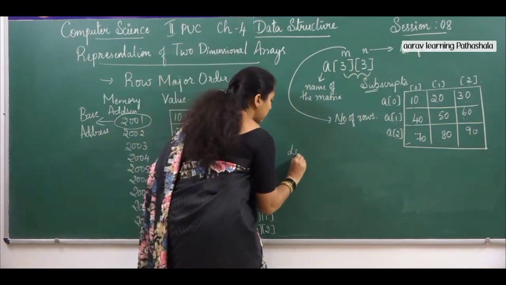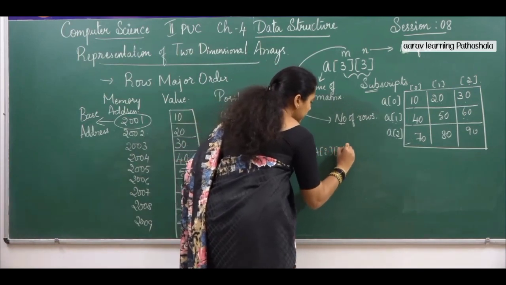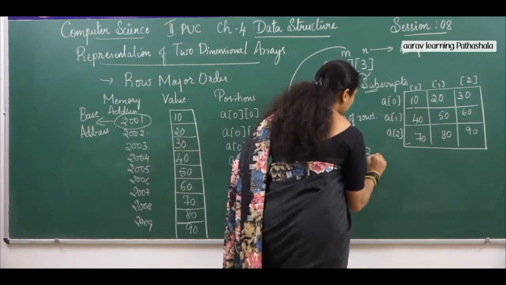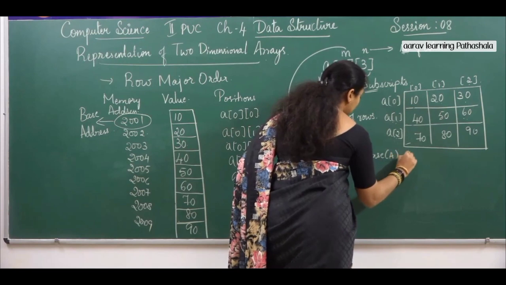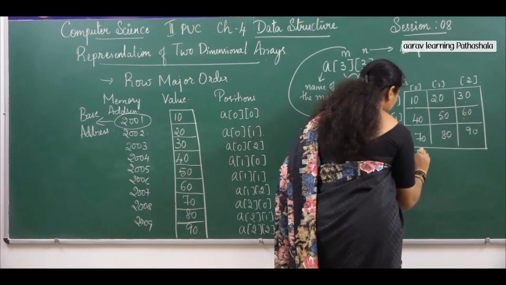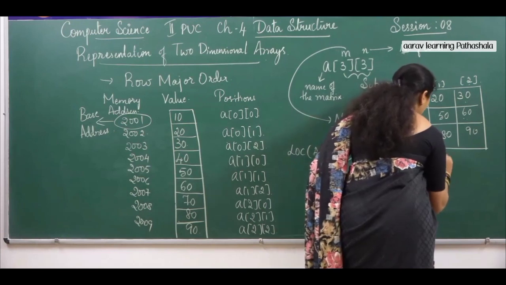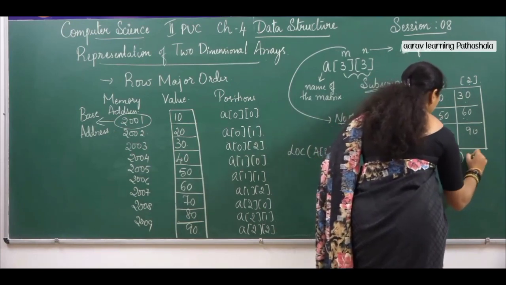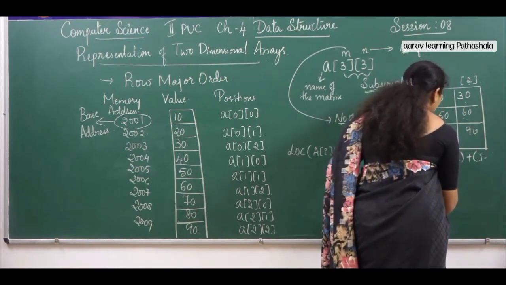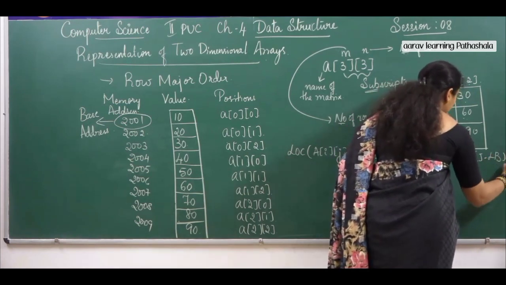The formula is location of A of I, j is equal to base of A plus W into n into (I minus lb) plus (j minus lb), where lb is the lower bound.